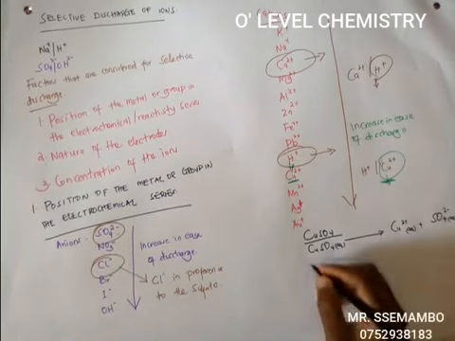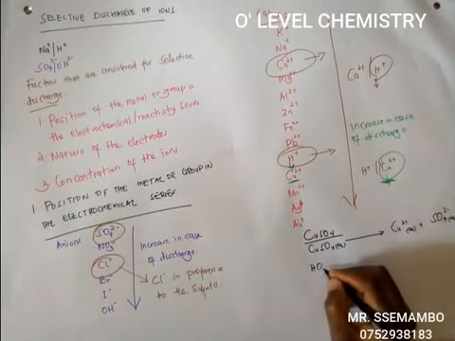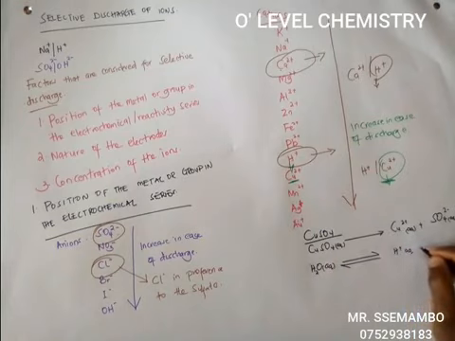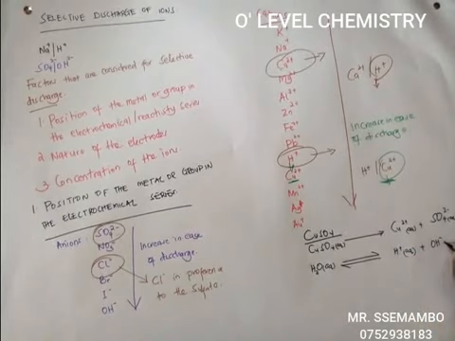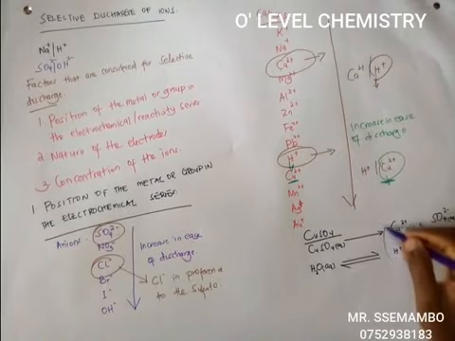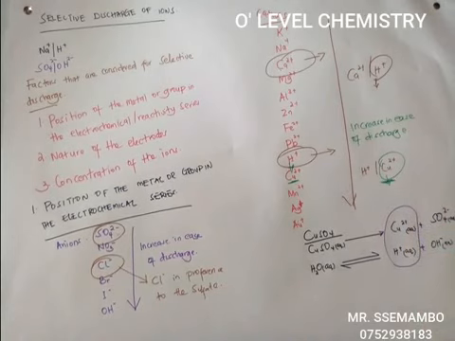Remember, it is a dilute solution, so water also ionizes to give hydrogen ions and hydroxyl ions. So in this solution we have two cations and two anions: the cations are copper 2 ions and hydrogen ions.